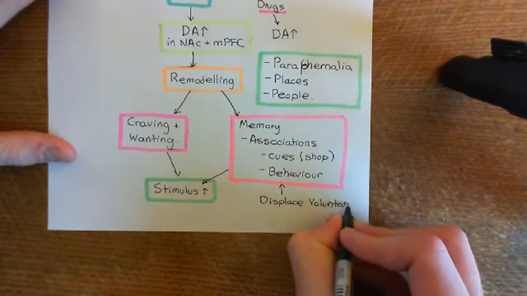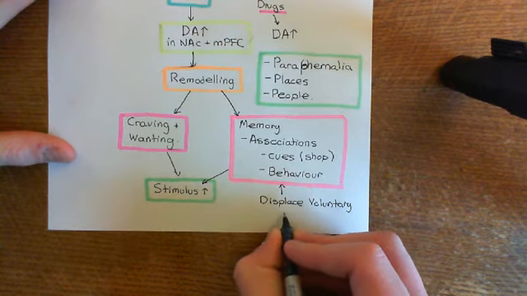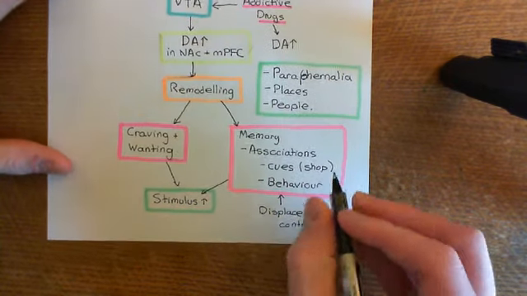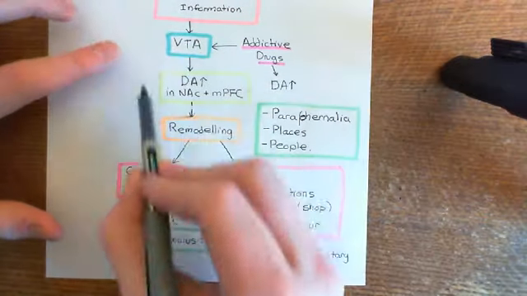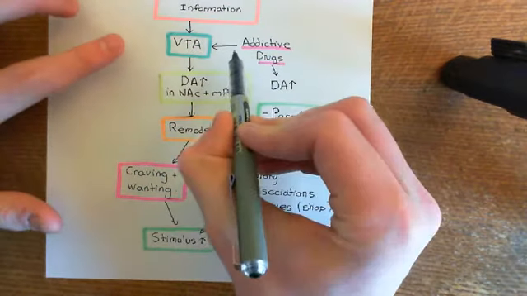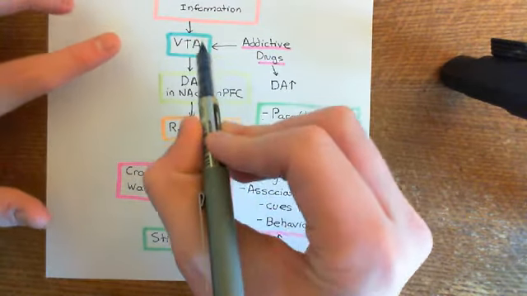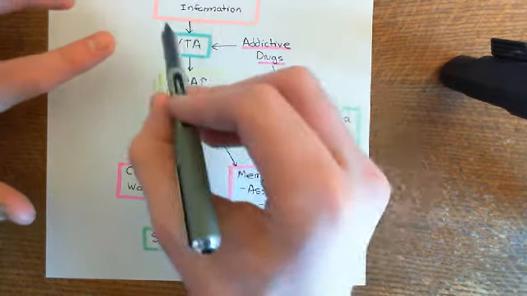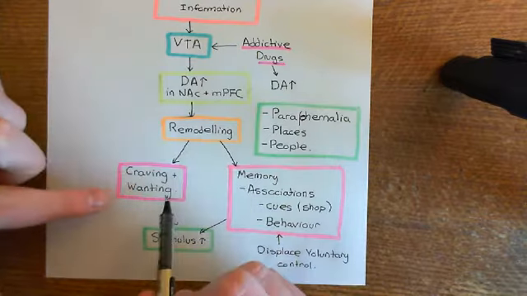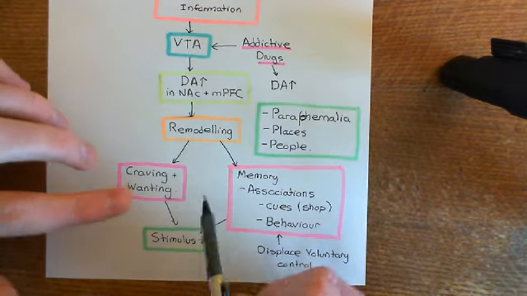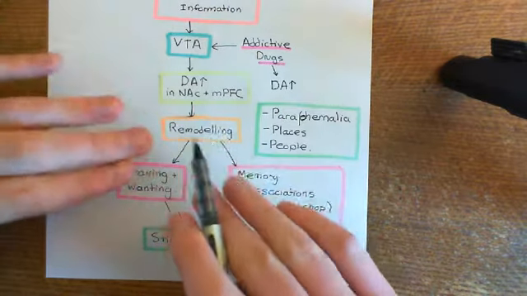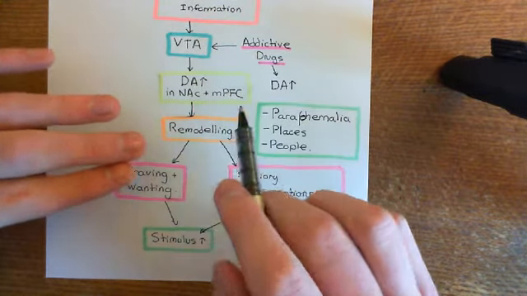I hope now that you understand the basic concept of how addictive drugs work, that they are hijacking this system, and unlike the way this system usually works, where it stops working after a while. Once you have got enough cravings and wantings, and enough associations, the brain will stop activating the production of more of these.